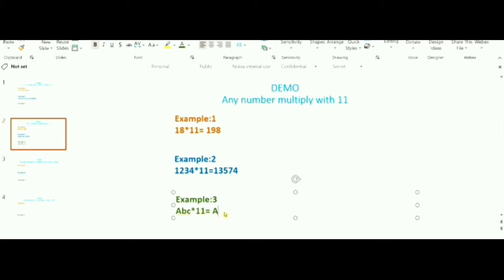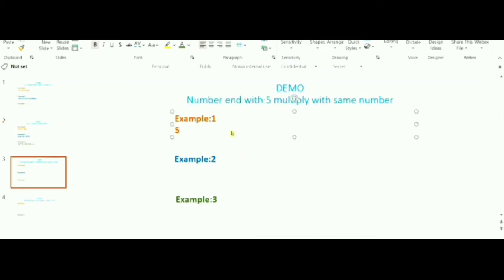So a, then a plus b, then b plus c, then straightforward c. This will be the output. It can be applied for 3 digits, 4 digits, or more. If it is multiplied by 11, we can do it very easily.